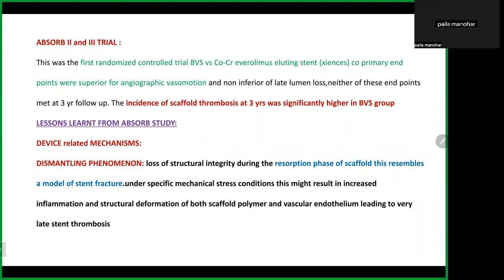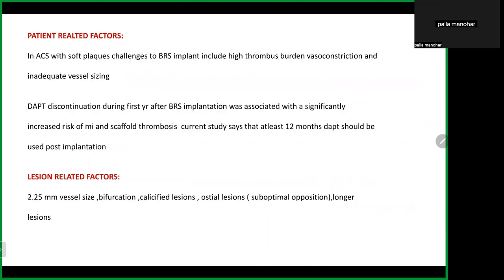And the most important device-related phenomenon is the dismantling phenomenon, because of the loss of structural integrity during the resorption phase of the scaffold. I'll show this image.